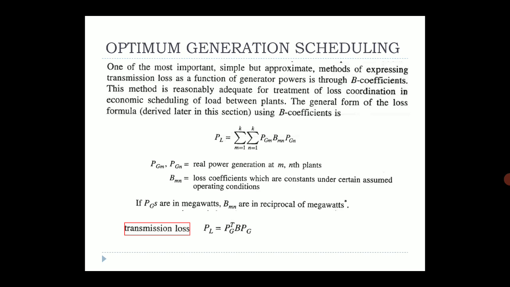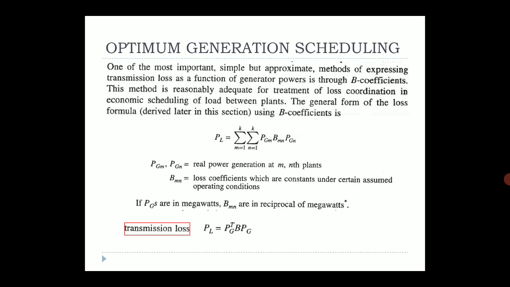Okay, so PGM and PGN are real power generation at the Mth and Nth plant, and BMN is a loss coefficient which are constants under certain assumed operating conditions. PGs are in megawatt, and obviously BMN is in inverse of megawatt.